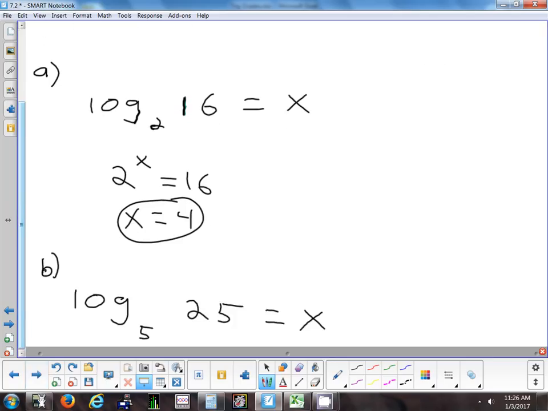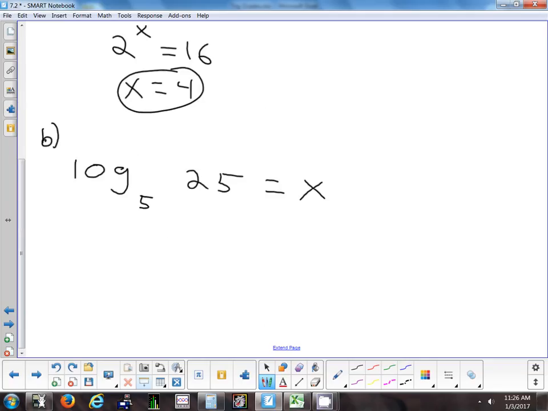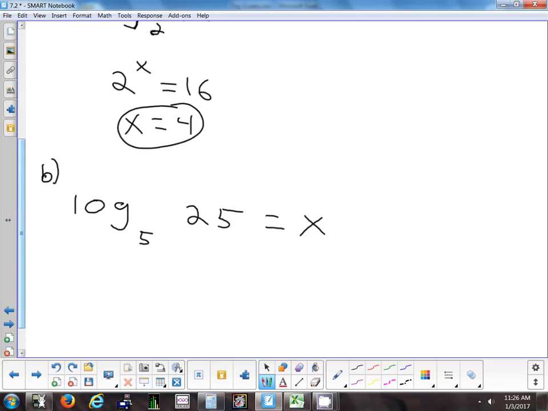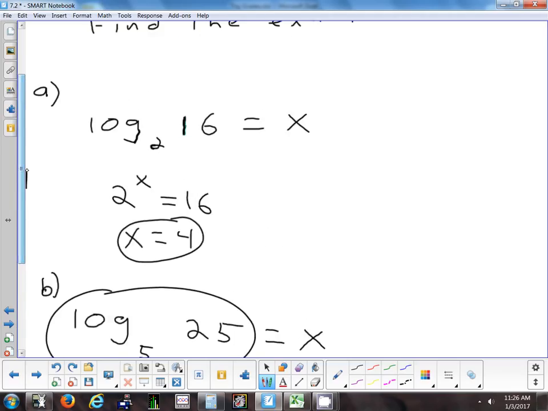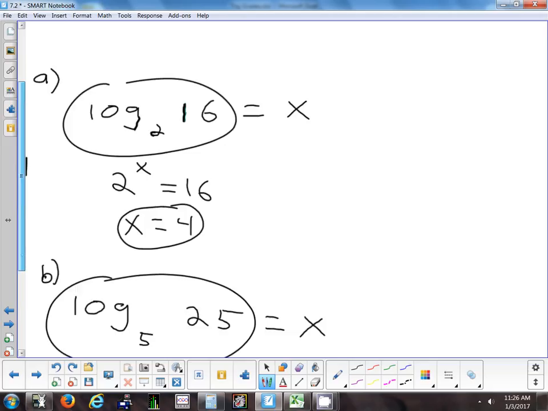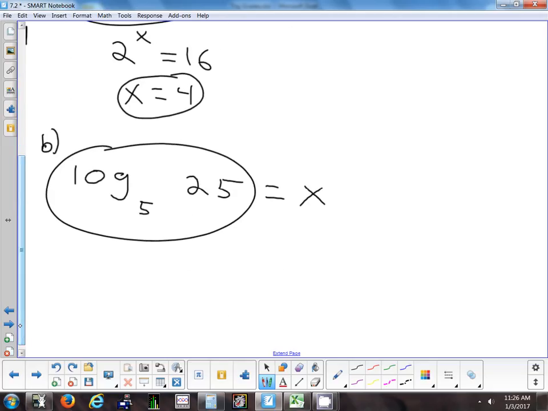All right, let's try this one. I want you to evaluate that. I want to know what is the answer to log base 5 of 25. Just like doing that. So John, how would I write that in a different way?